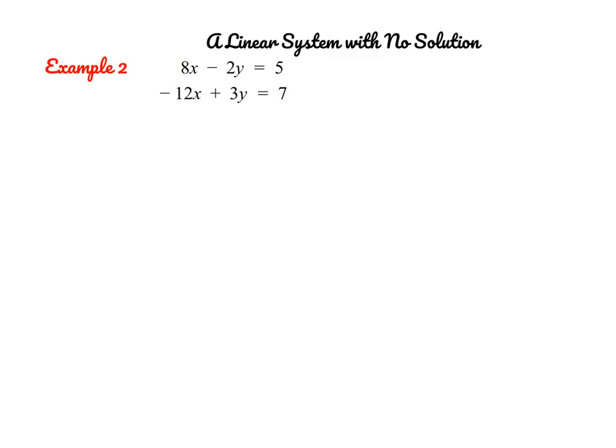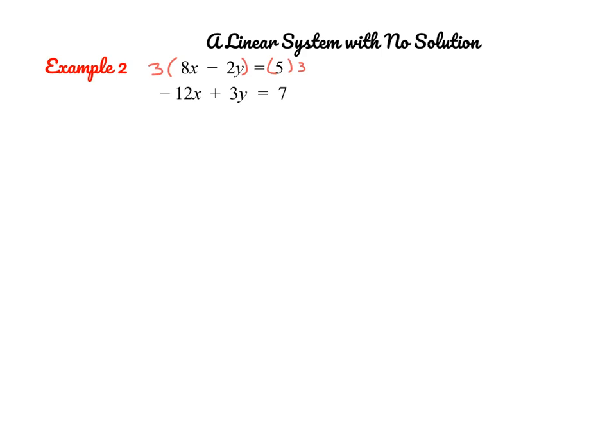Now we're going to talk about what it looks like when a linear system has no solution. Again, we can solve this in a number of different ways. For this one, if we use elimination again, we do need to multiply both equations. Maybe we'll try to eliminate the y's again. So we can multiply our top equation by 3.